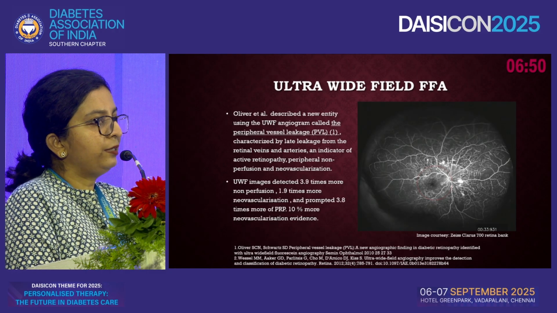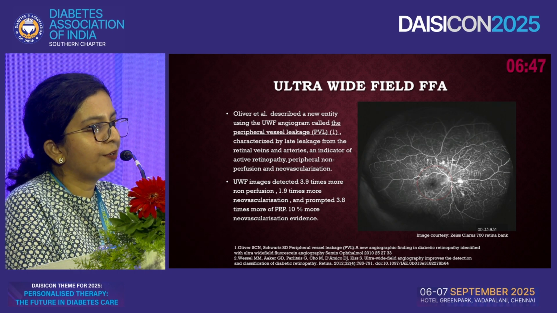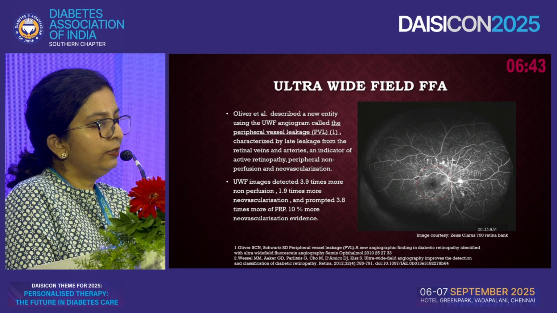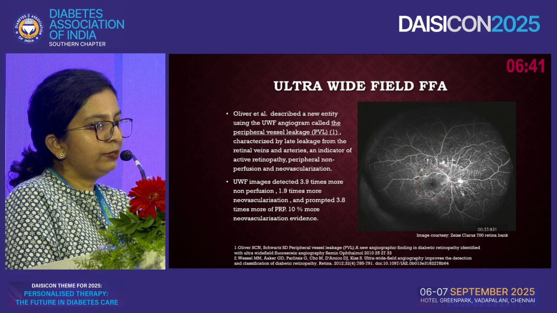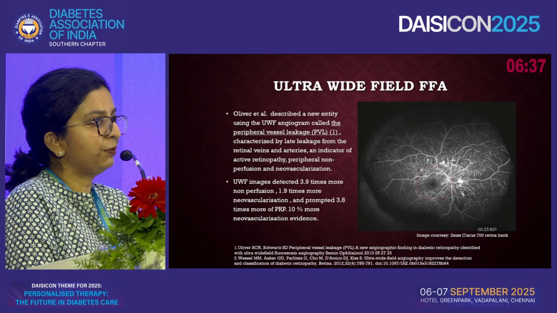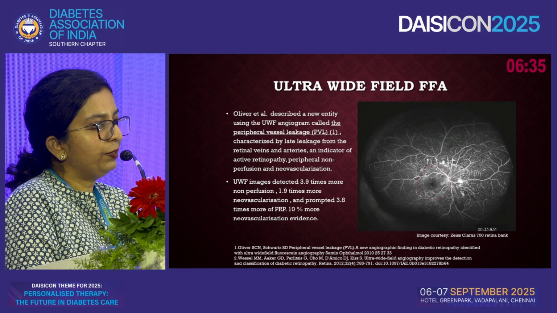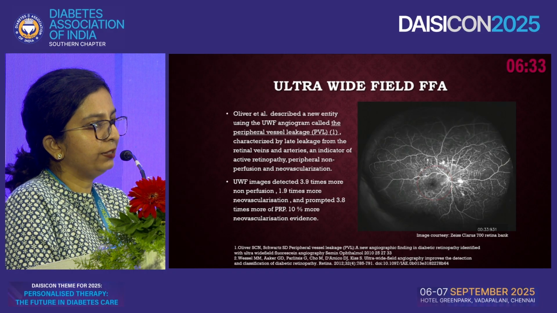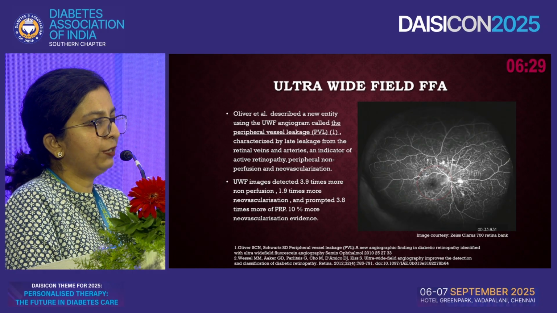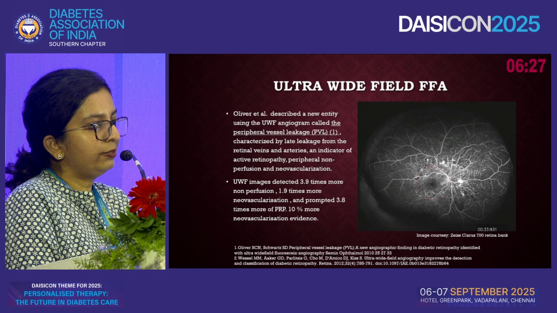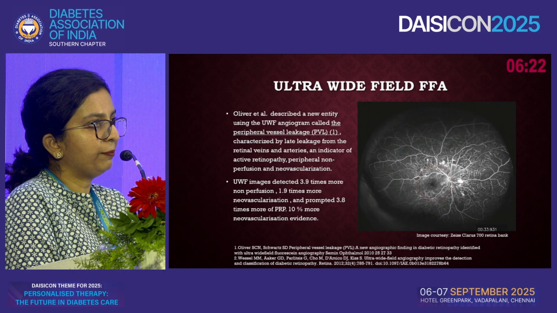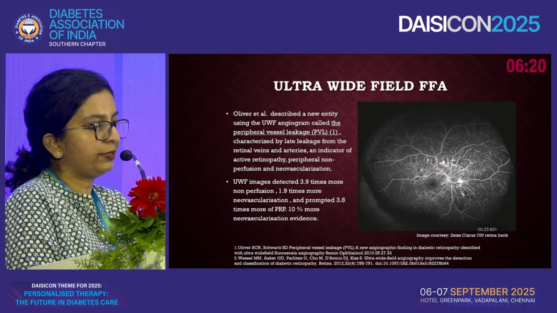Similar to the ultra-wide field fundus imaging, we have the ultra-wide field FFA, which is also available nowadays. Using this, a new entity has been discovered called the PVL, that is the peripheral vessel leakage, where only the peripheral ischemia sets in earlier, and this is an indicator of active pre-proliferative retinopathy, and this indicates that the patient has a very high chance of developing NPDR, neovascularization.